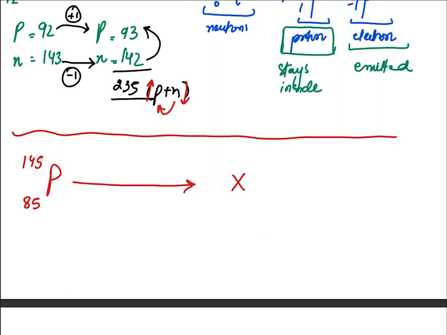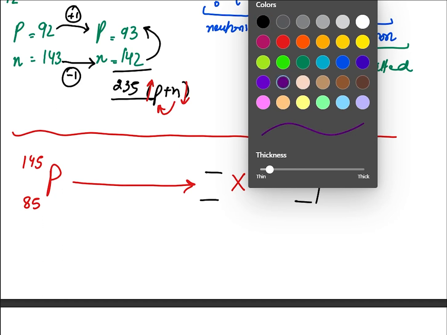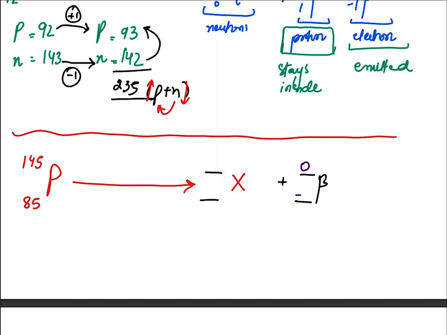And we know that this is beta decay, so the examiner has left all of these blanks. You have to fill them out yourself. So what we're going to do, we know from memory that beta is 0, minus 1. The upper value stays unaffected for beta, that is 145, but the lower value is going to be added by 1. So this is going to become 86.